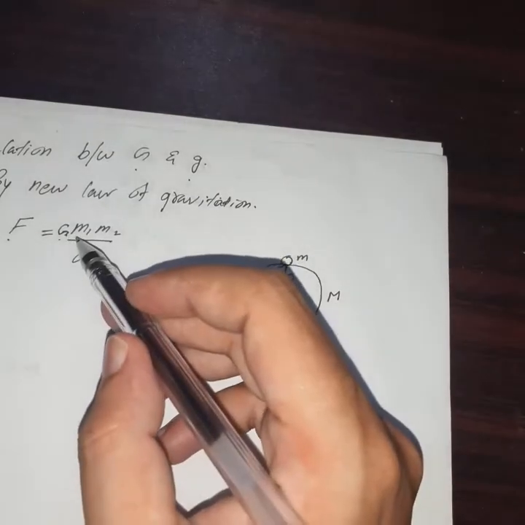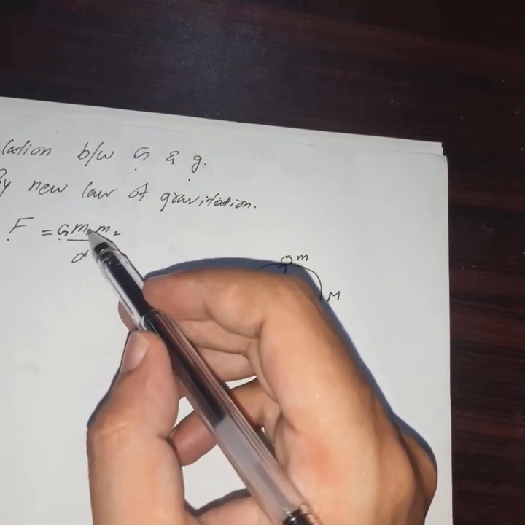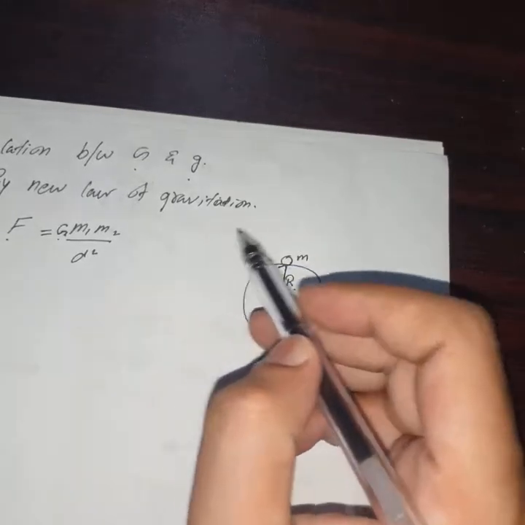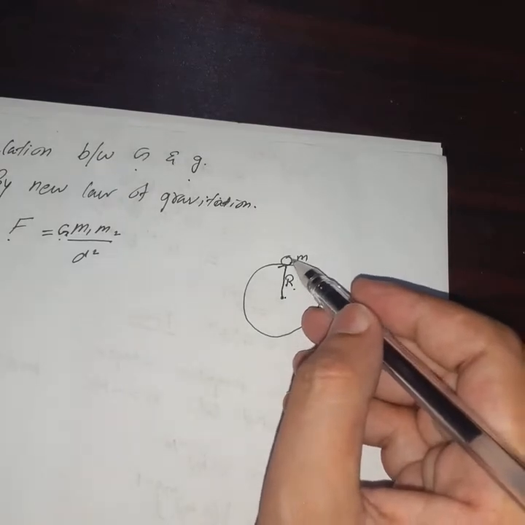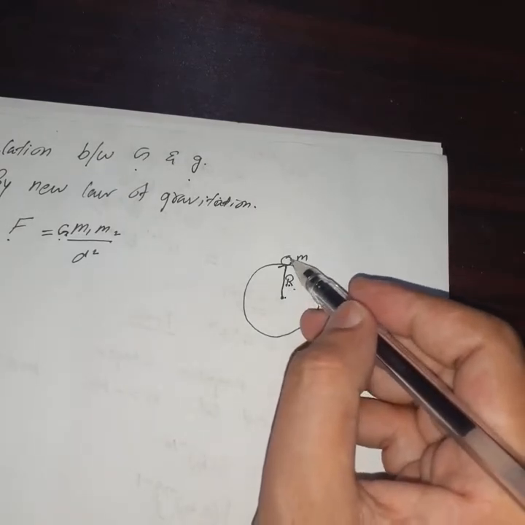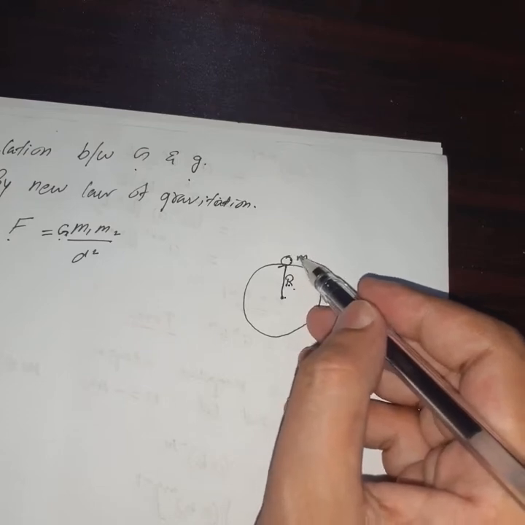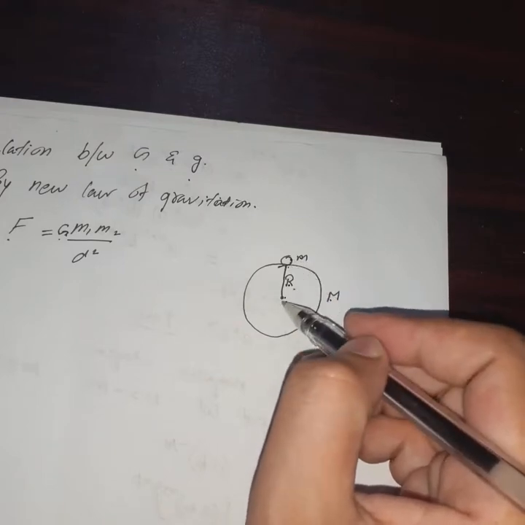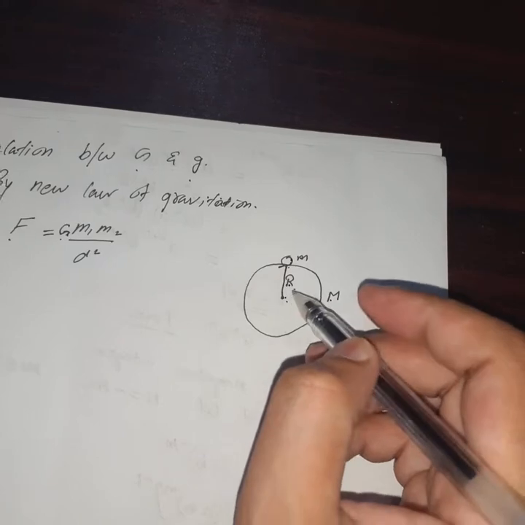Since Newton's gravitational law deals with the force which is directly proportional to the masses and inversely proportional to the square of the distance between their centers, the force between Earth and this mass will be equal to the product of the masses over the distance between their centers, which will be actually the radius of the Earth.